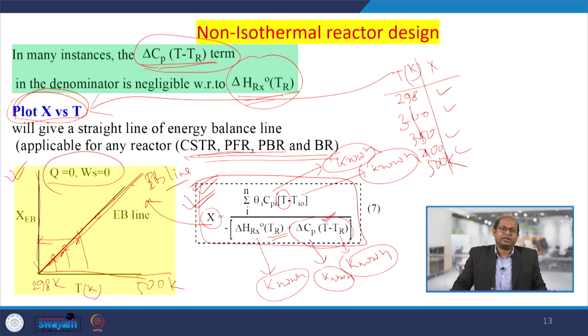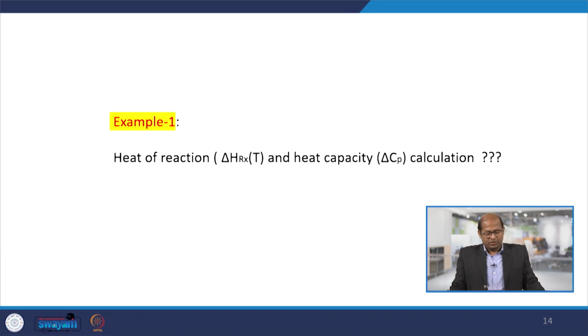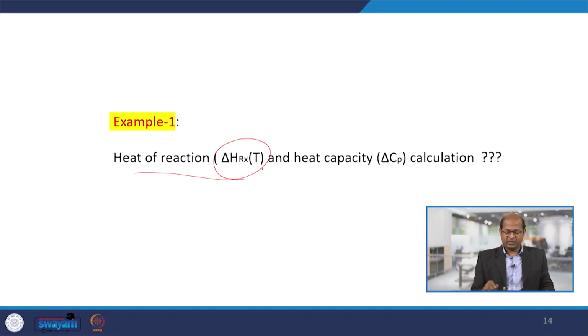This is the general energy balance equation, and from reaction to reaction these components would be different. Once these components are different, the nature of the energy balance line would also be different.